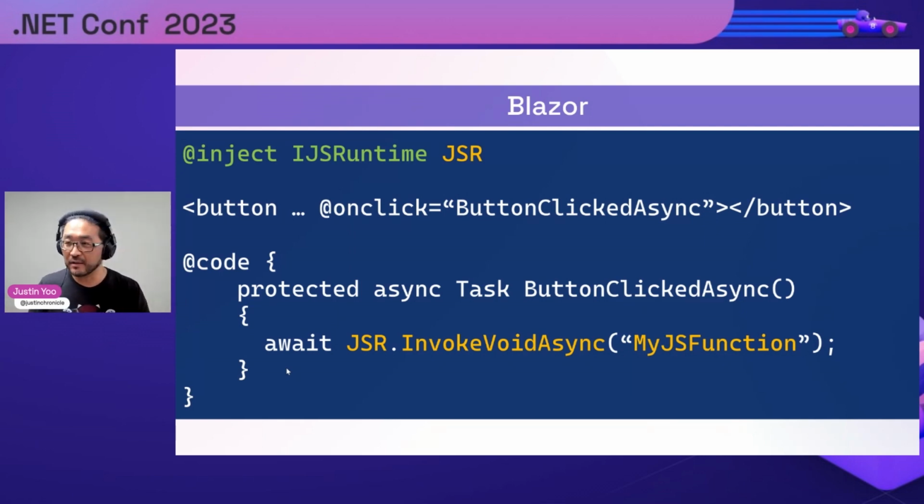Within the button click async method, we call JavaScript interoperability to directly call JavaScript functions, the MyJS function, something like this. So this JavaScript function is directly called within the C# code. That's how JS Interop works.